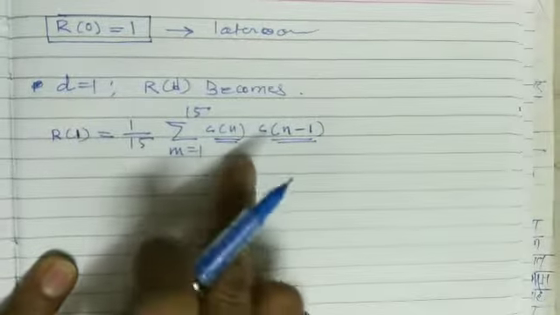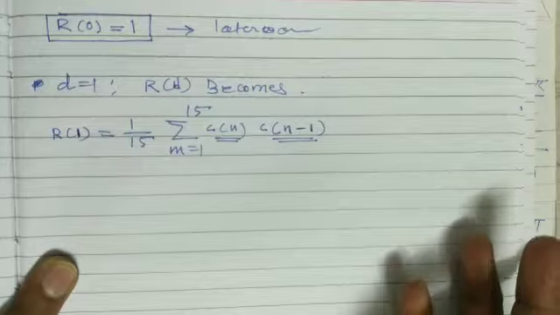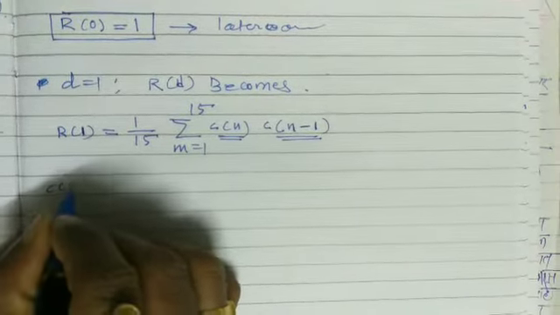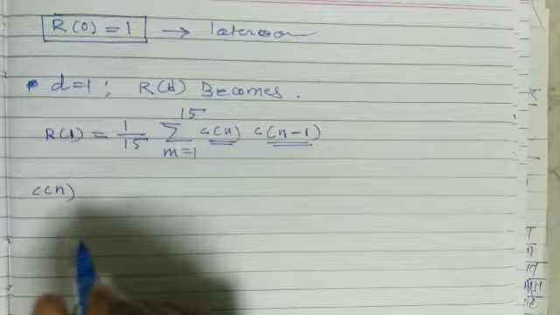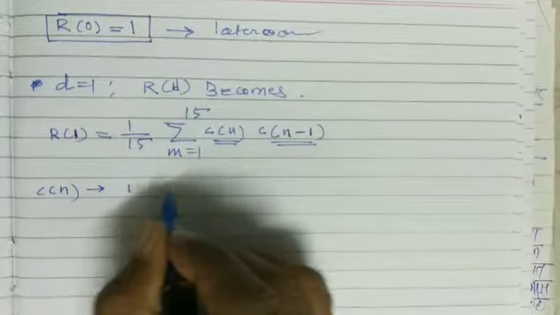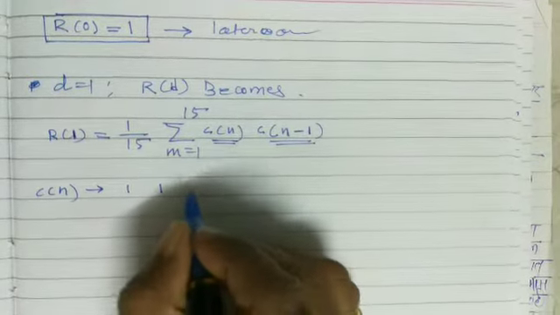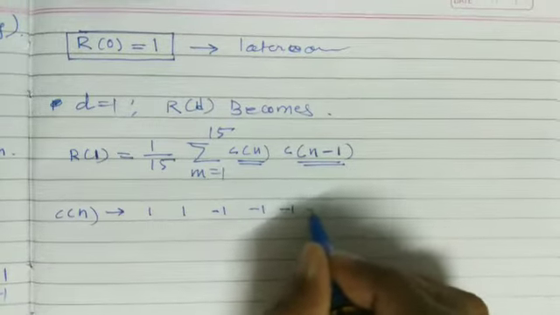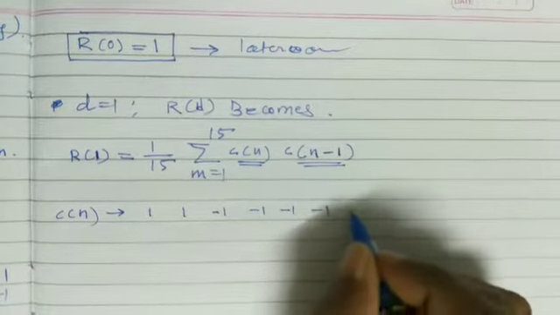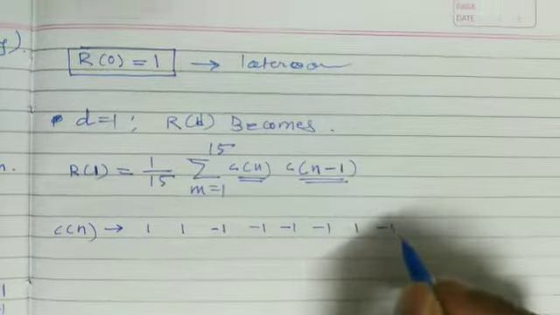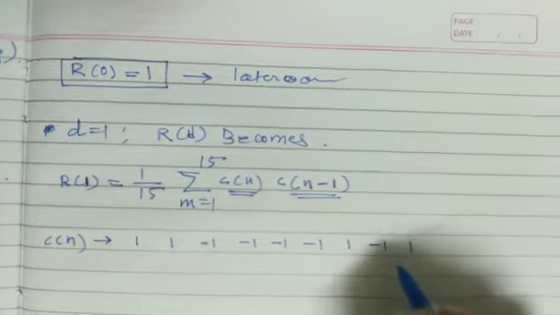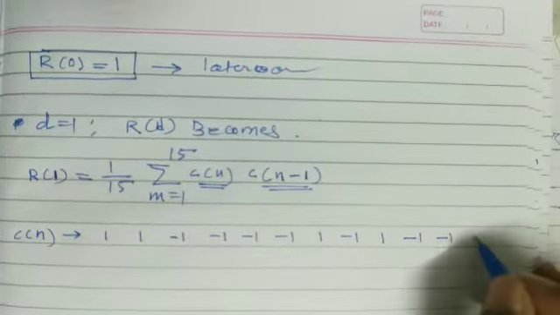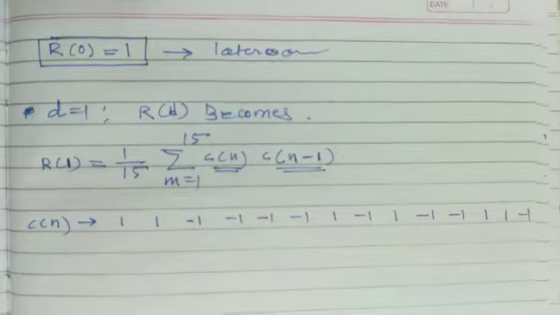It means that we have to delay this sequence, that is C of n, by 1. Now here again we will mark this C of n like this: 1, 1, then minus 1, minus 1, minus 1, minus 1, then 1, then minus 1, then 1, then minus 1, minus 1, then 1, 1, and then minus 1.